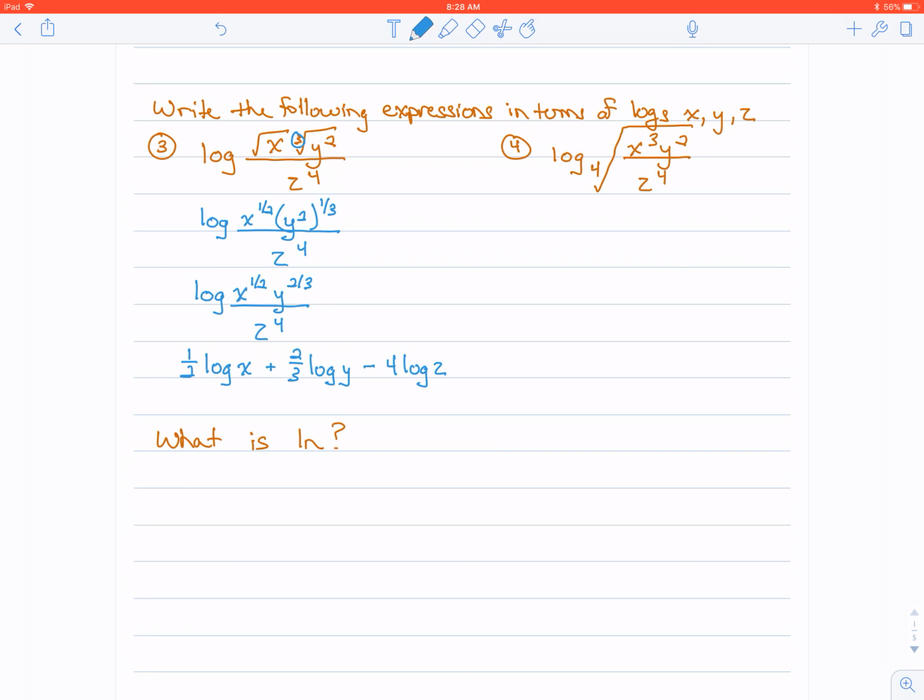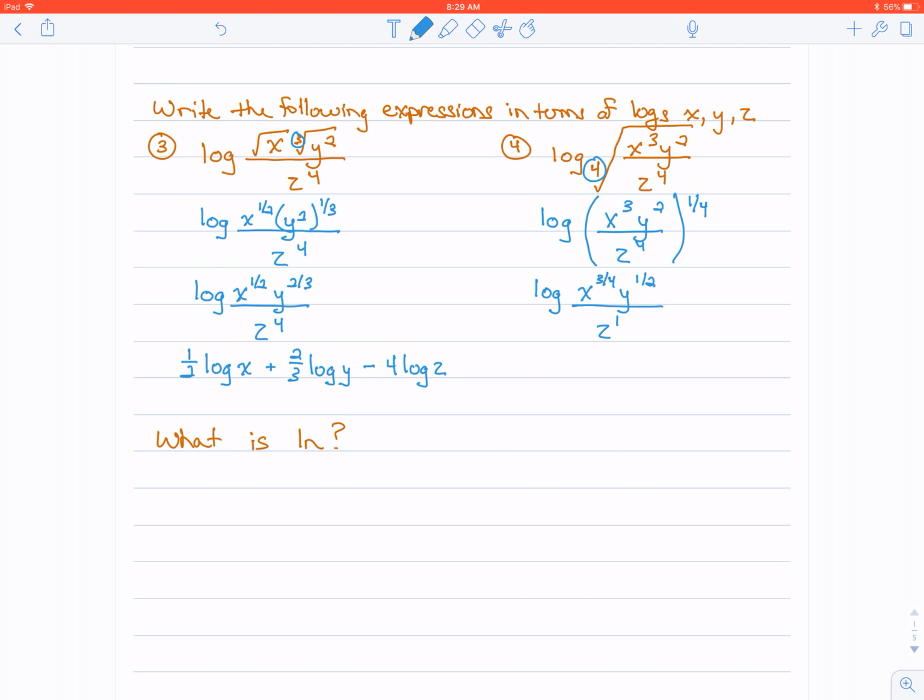All right, so the second one, we have another thing to clean up. So it's log, and here that 4th root. So instead of 1/2 or 1/3, now this will be 1/4. So we've got the log of, and in this case they're all inside the root, so they all get affected. So now let's use the exponent rule, which says that this would be x to the 3/4, y to the 2/4 or 1/2, all over z to the 4/4 or just 1.